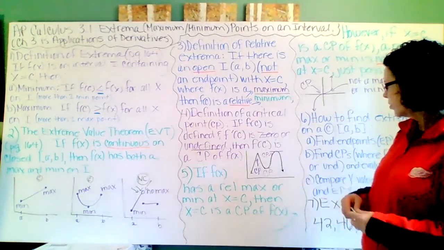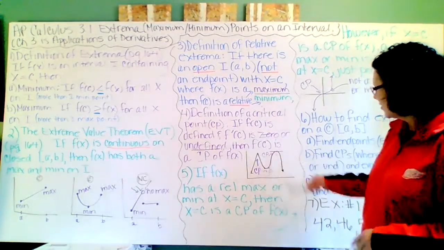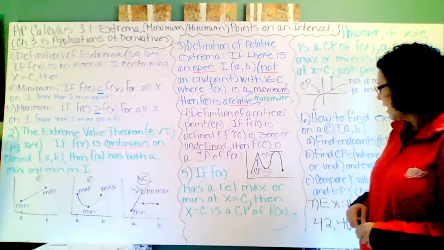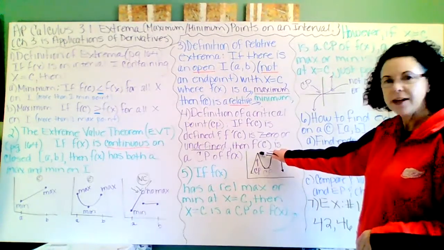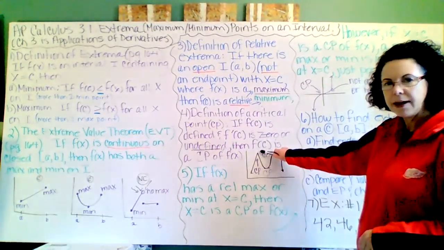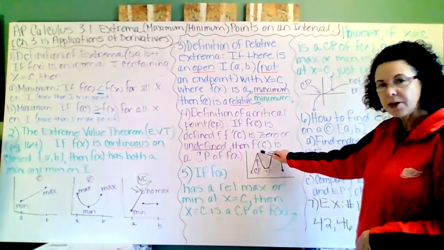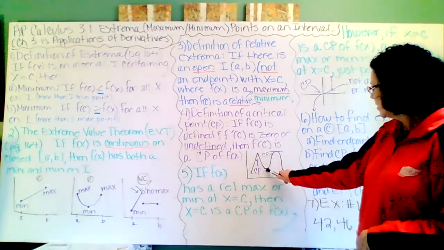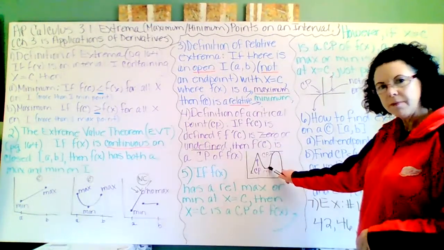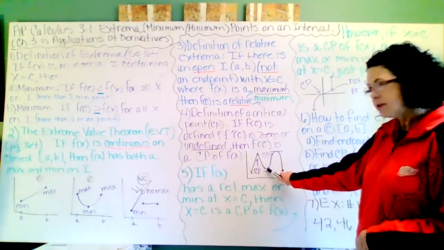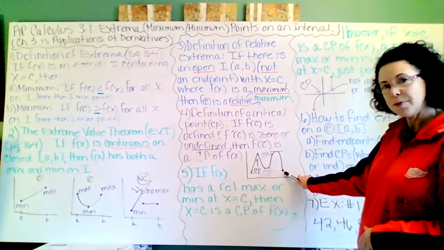Here's a picture of critical points. So I drew this function here. Notice that at this point here, if I asked you what the derivative is, you would tell me it's undefined, right? That's a critical point. That's a picture of one. Notice at this relative minimum. So notice this isn't the lowest point on the graph, right? The end goes much lower.